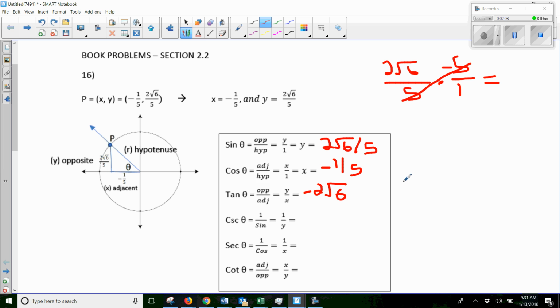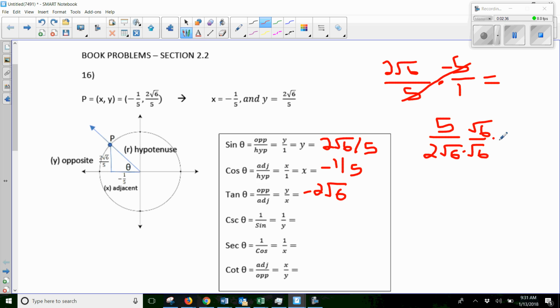Okay. For cosecant, which is going to be 1 over sine, so again, we're going to flip this fraction. So it's going to be 1 over y. Well, 1 over y means we're now going to flip y, so it's going to be 5 over 2 root 6, but we can't leave the root 6 in the denominator, so we're going to rationalize that by multiplying top and bottom by square root of 6.